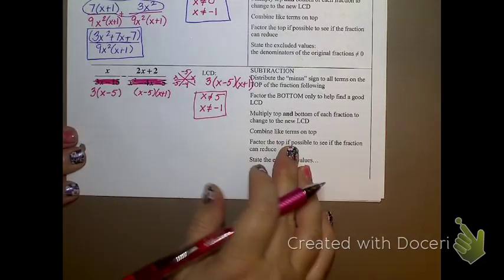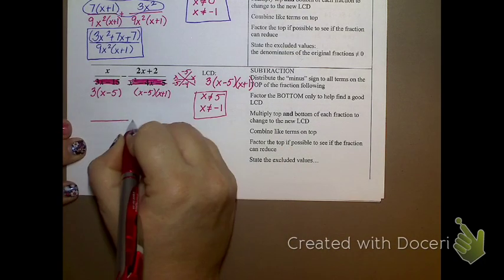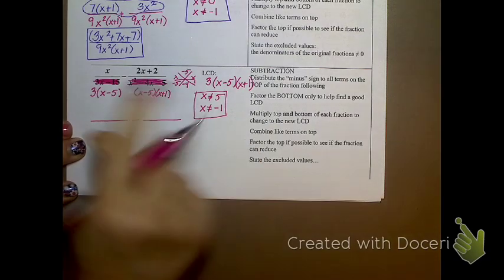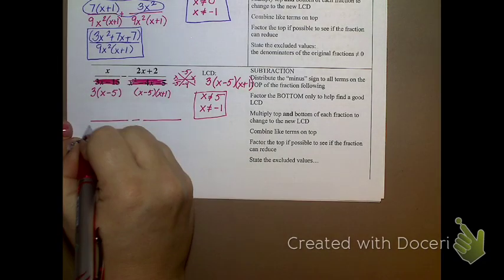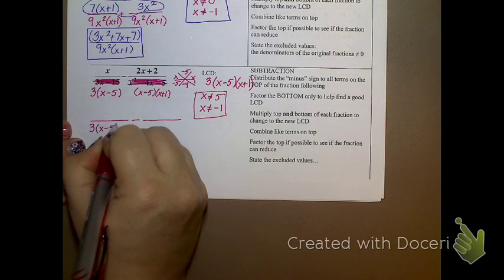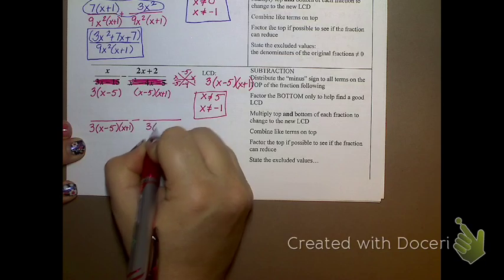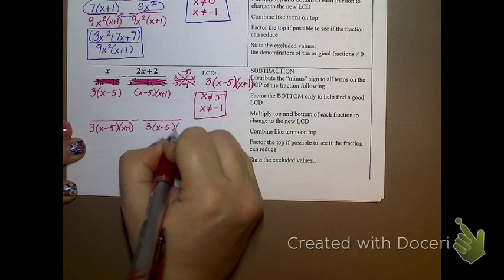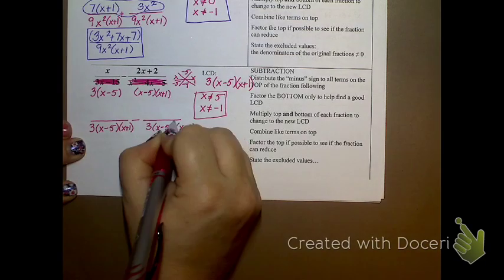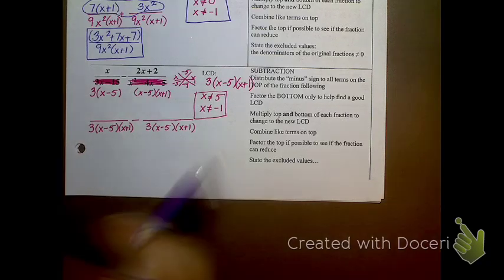And let's rewrite our fraction. So I have fraction minus fraction. That's what my problem is. And I now need to change this problem so that both of them have this LCD. So this is the first time I'm touching the numerators. You with me? Okay.